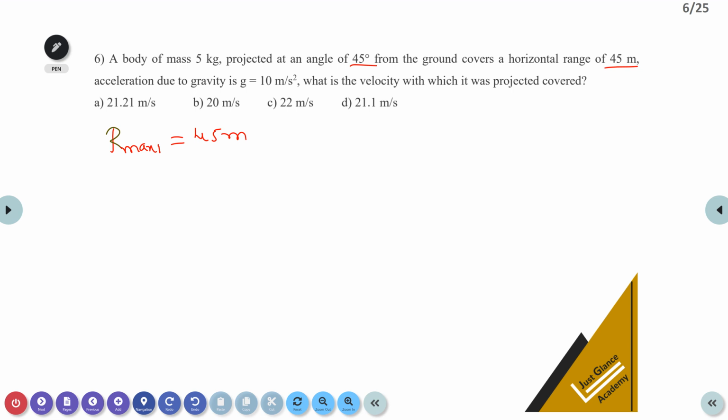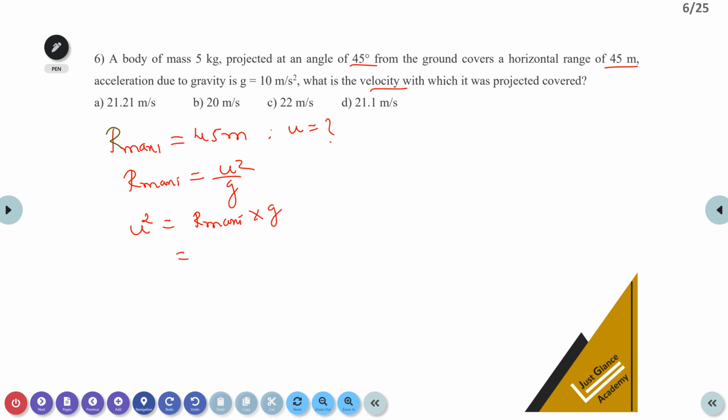Because the angle of projection is 45 degrees. We know the formula R maximum equals U square divided by g. I want to calculate the velocity at the point of projection, so U square equals R maximum into g.